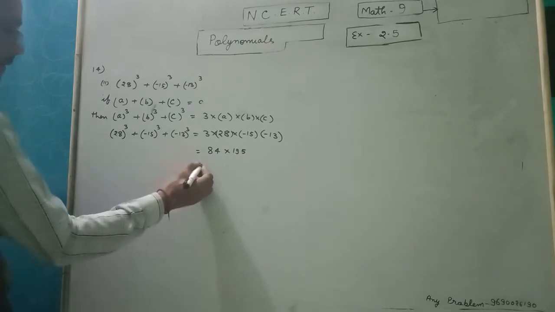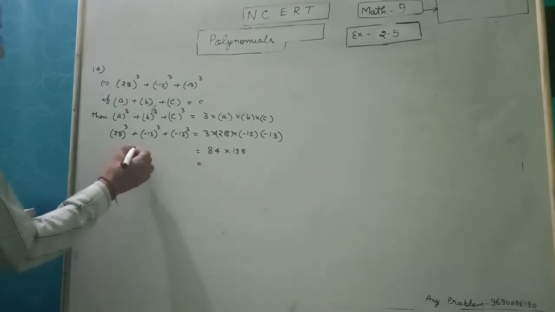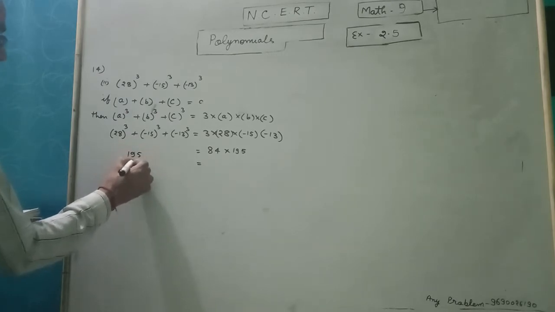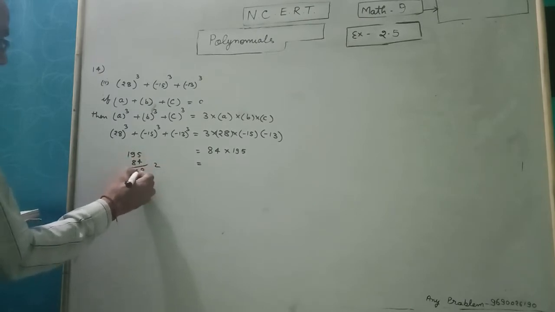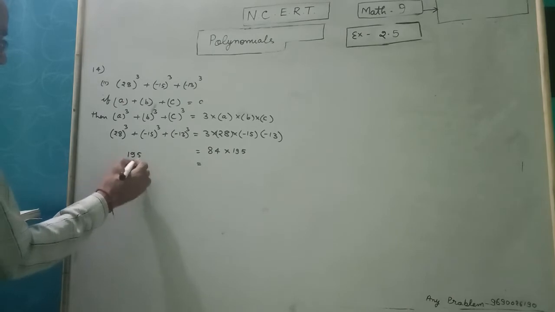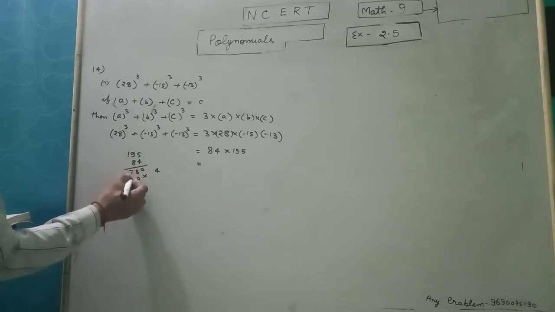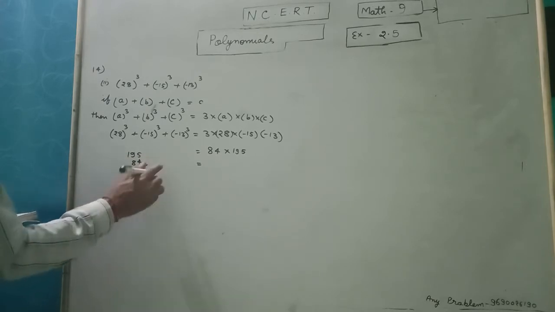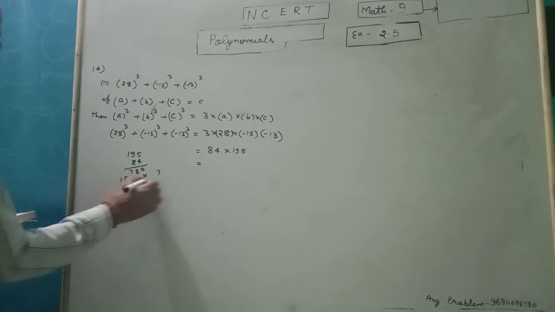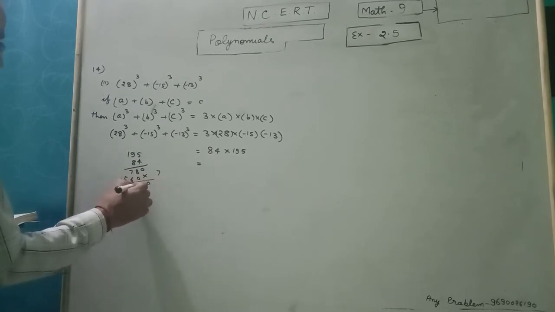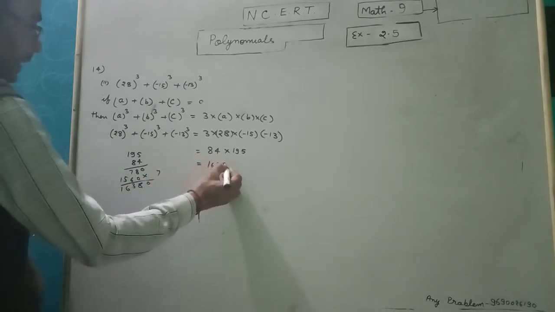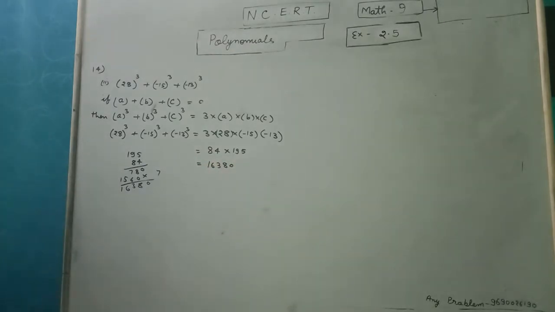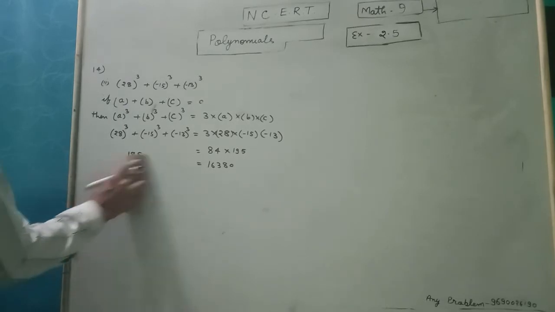After multiplying, 195 multiplied by 84 gives the value.